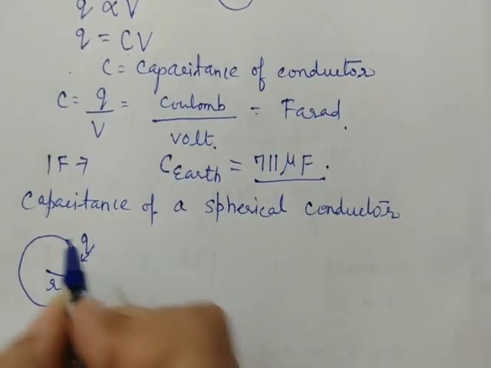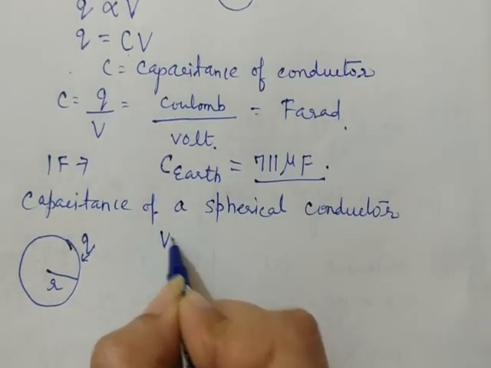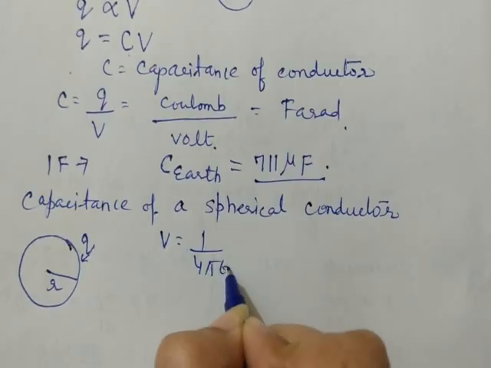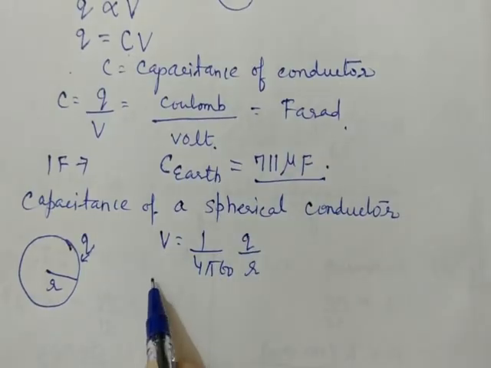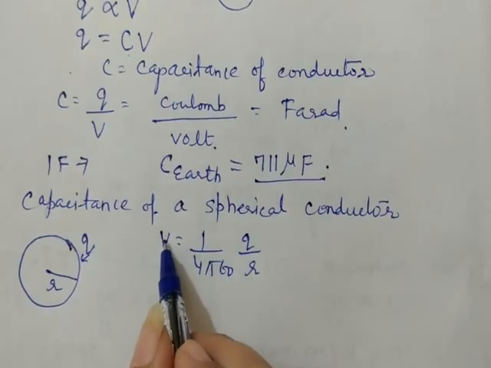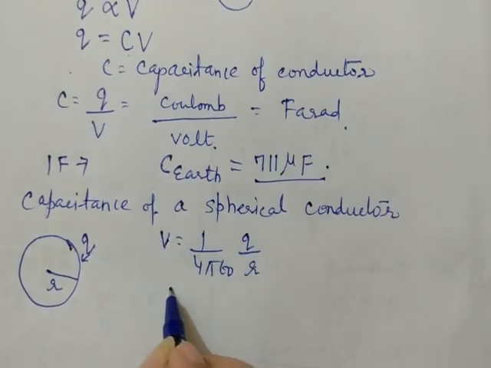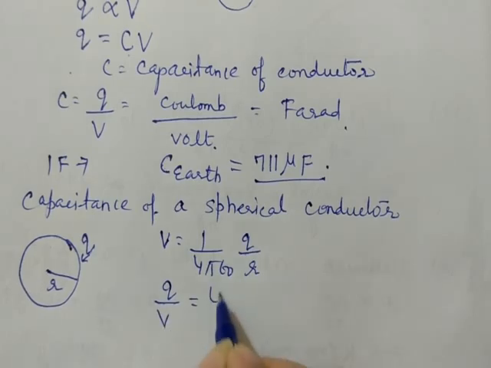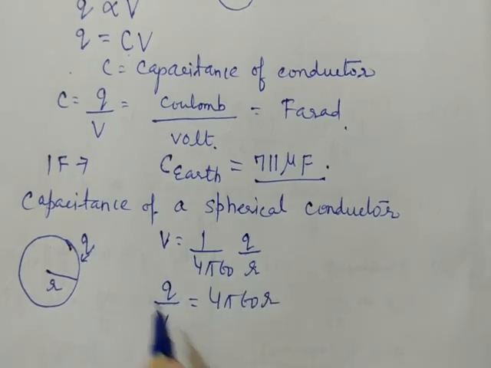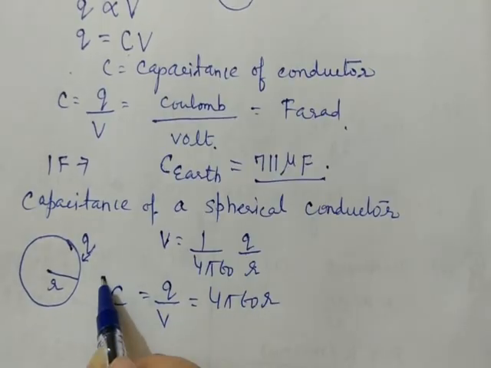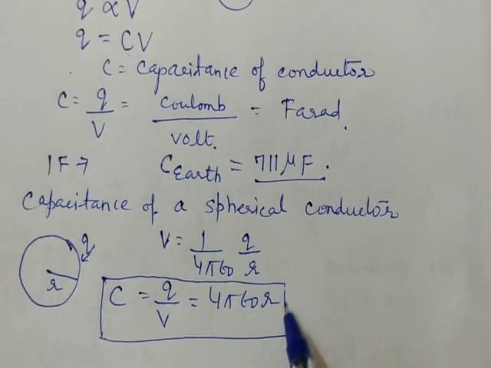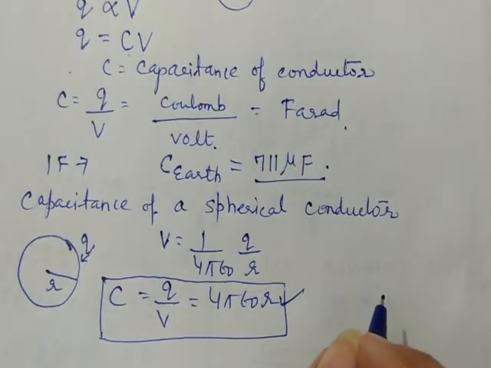The radius is R. Then the potential on the surface of this conductor will be equal to 1 upon 4 pi epsilon naught Q upon R. Now from this formula, taking V to the other side, Q upon V is equal to 4 pi epsilon naught R. Q upon V is the capacitance of the conductor. So for a spherical conductor, C depends upon its radius. A smaller spherical surface will store less charge, and if you increase its radius, its capacitance will increase because it depends upon R.